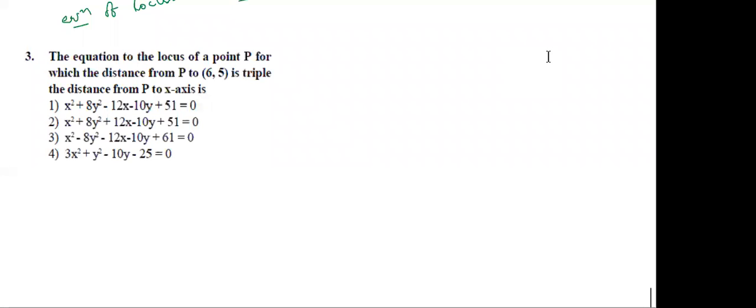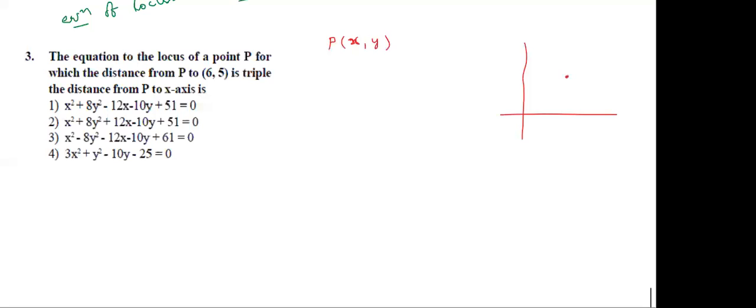Now I am going to the third question. The equation to the locus of a point, locus means I am taking x comma y, for which the distance from P to 6 comma 5 is triple the distance from P to the x-axis. So draw a small diagram.